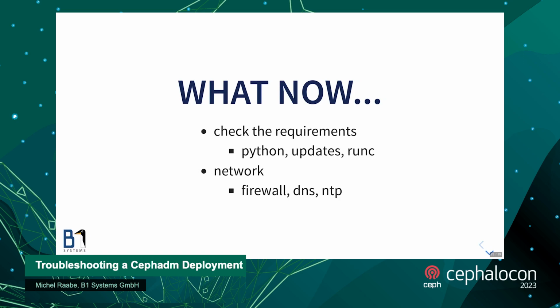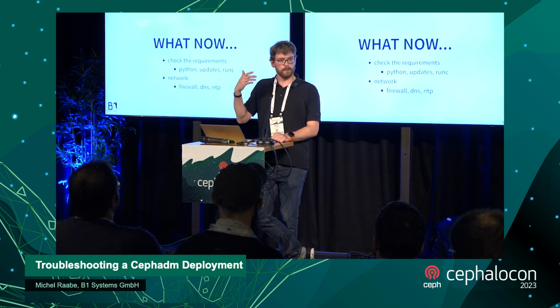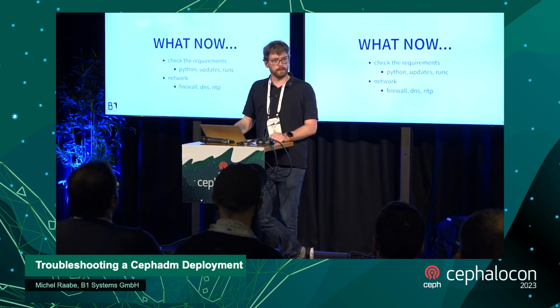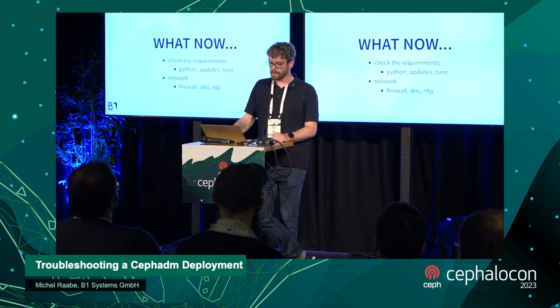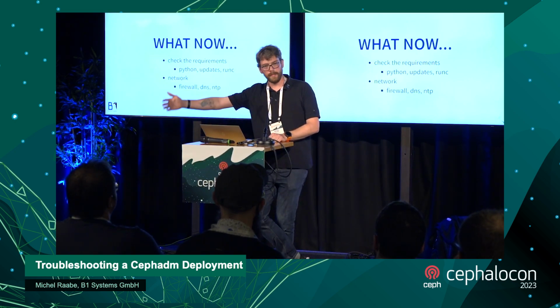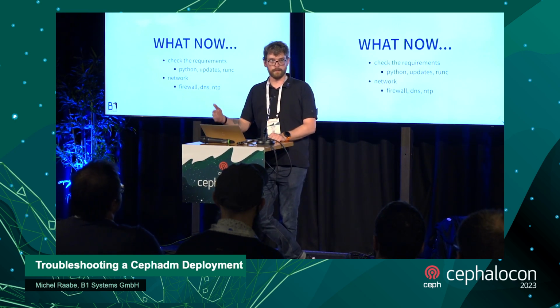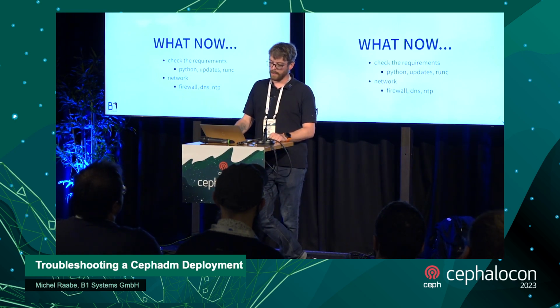Network, firewall is the simplest, DNS. If the DNS is not working correctly, you cannot add hosts. You get strange error messages from the Ceph ADM when trying to add a host, because it doesn't find the host or cannot connect to the host because it gets a different IP address, because the DNS says, hey, that's the management IP address and it's not available on this host and all the stuff.